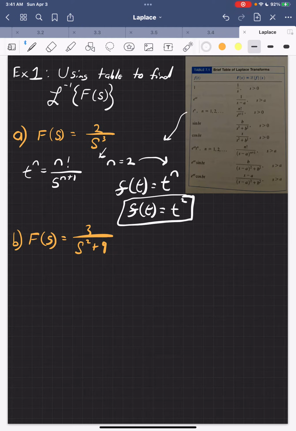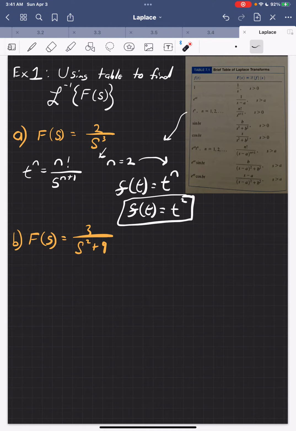All right, now for this next one, we have 3 over s squared plus 9. And this, you won't find one that perfectly matches what we have here. At least I don't think so.